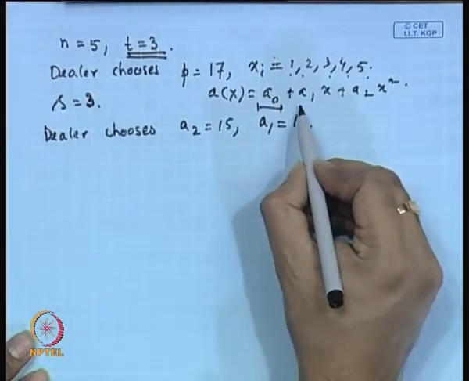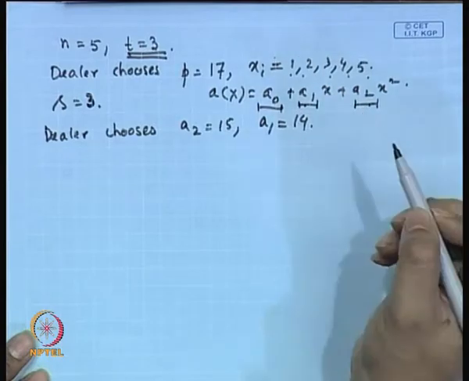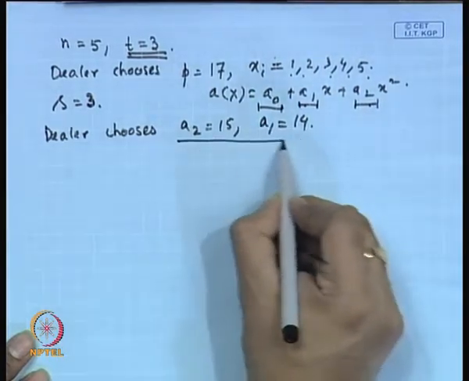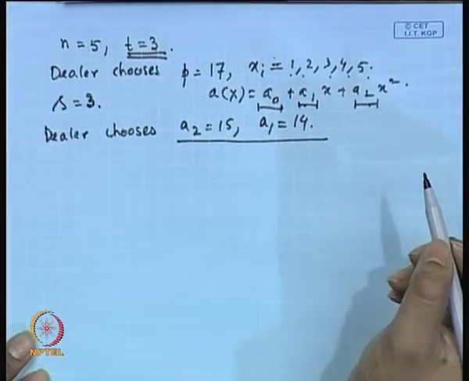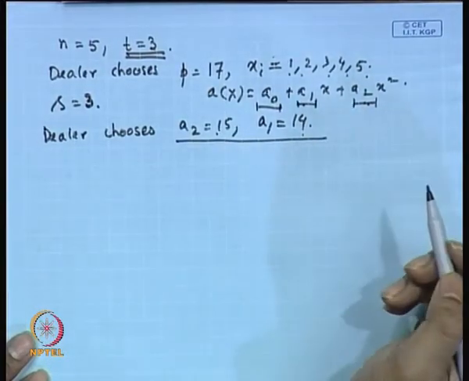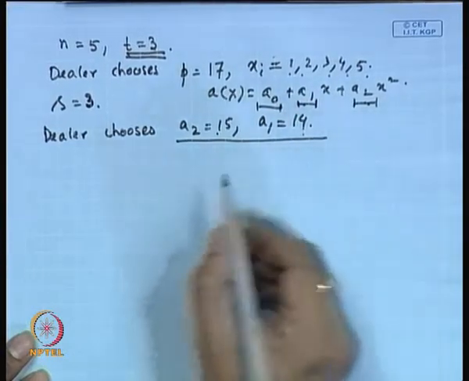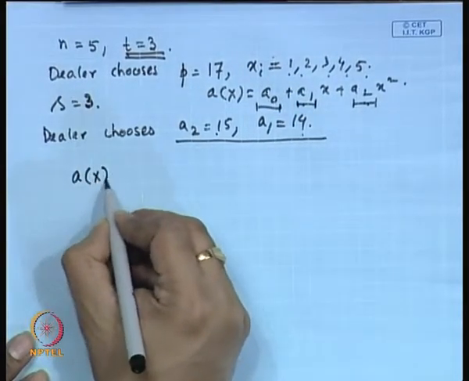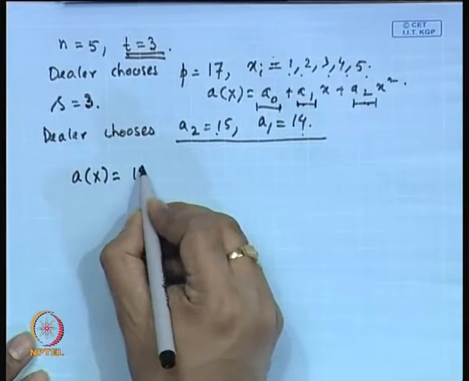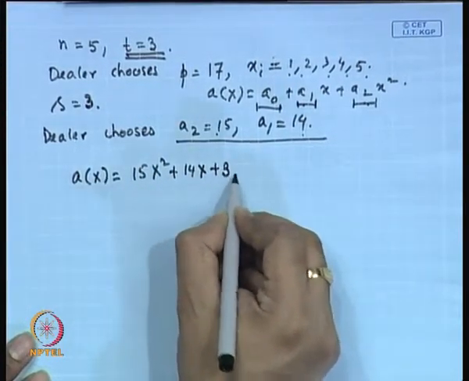So the dealer randomly chooses a1 and a2. Let a2 be equal to 15 and a1 be equal to 14. Therefore, the polynomial which the dealer chooses is a(x) equal to 15x square plus 14x plus 3.